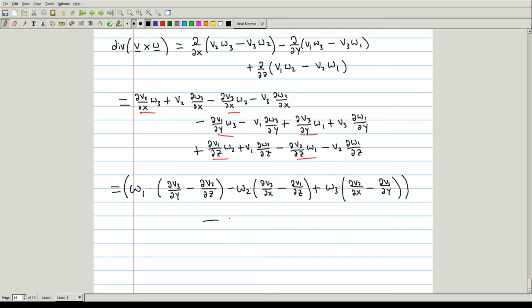So this is going to be v1 times dw3 dy minus dw2 dz, and minus v2, the v2 terms, and when we pull out the v2 terms, it'll end up being this first term right here, dw3 dx minus this v2 term right here, which is dw1 dz.